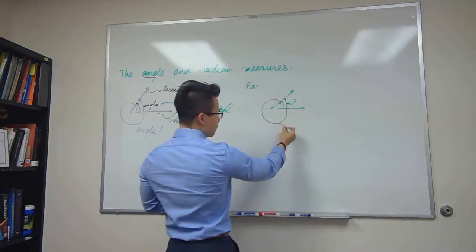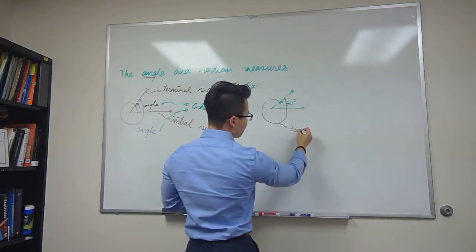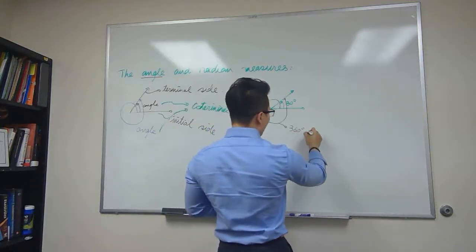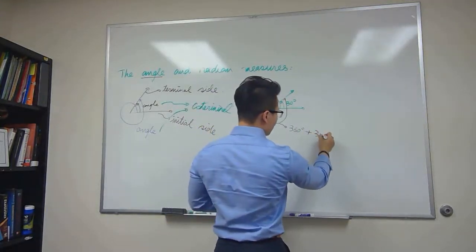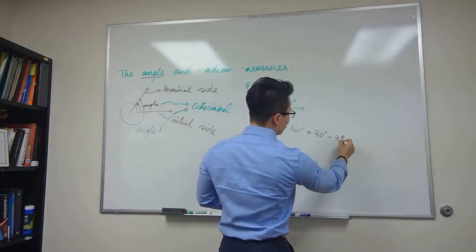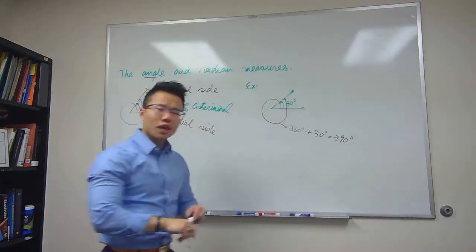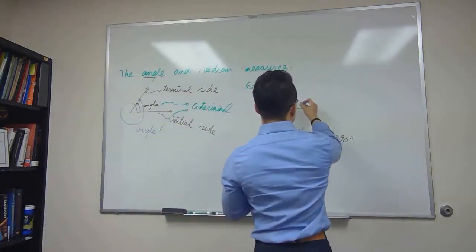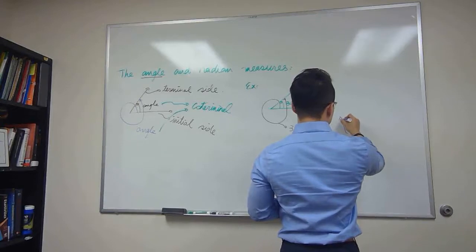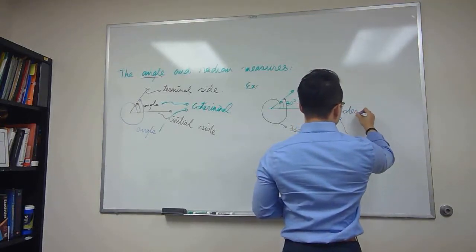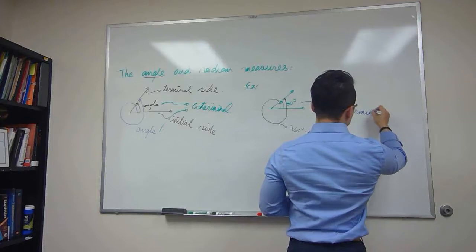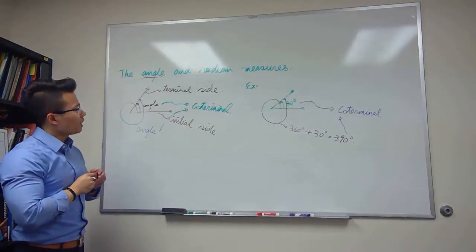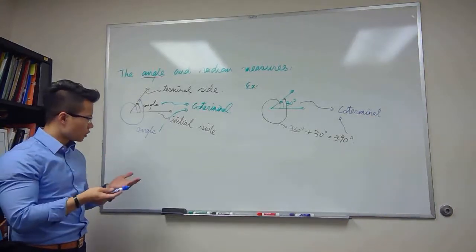But in this one, what we have is we do the whole circle rotation, which is 360 degrees, plus the extra 30 degrees we also rotated, so it ends up to be 390 degrees. And this 390 degrees and the 30 degrees are coterminal. So they are coterminal of each other. Okay, so that is the relationship of coterminal.